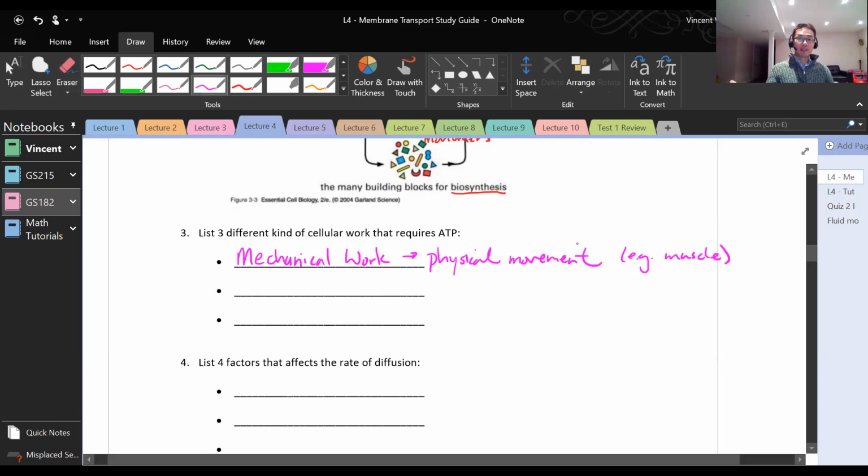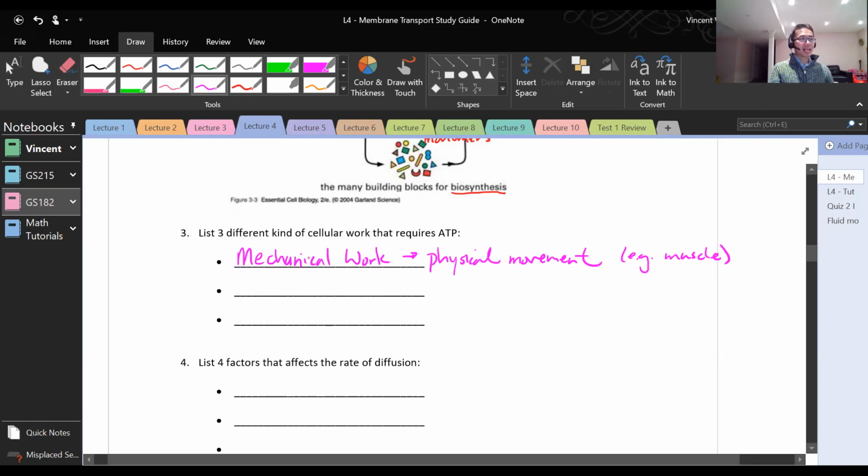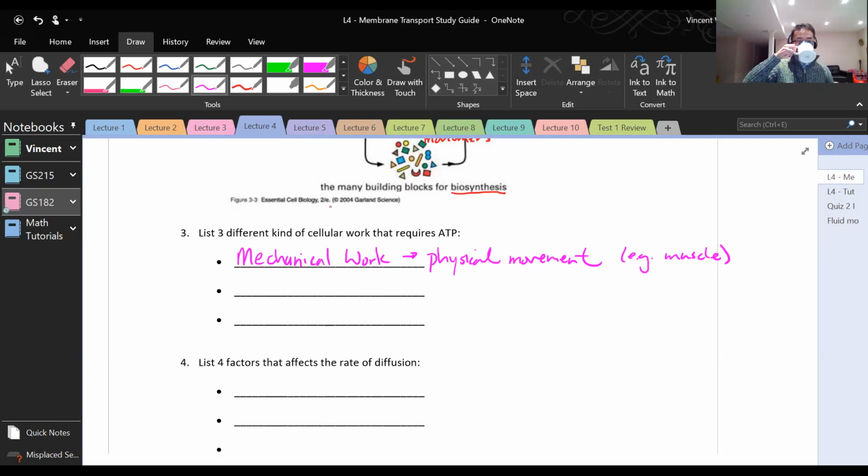On a cellular level, if you want to move a cilia or move the flagellum of a cell, that is also an example of mechanical work. Can I have another example of another type of cellular work that requires ATP besides mechanical work?